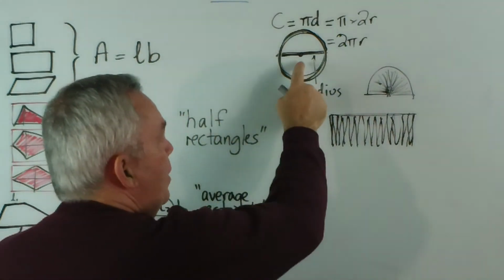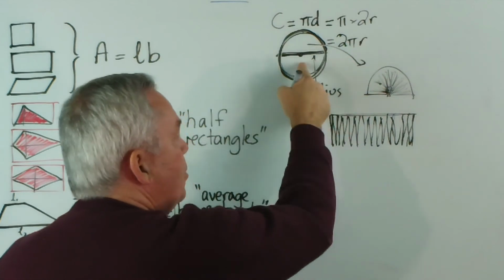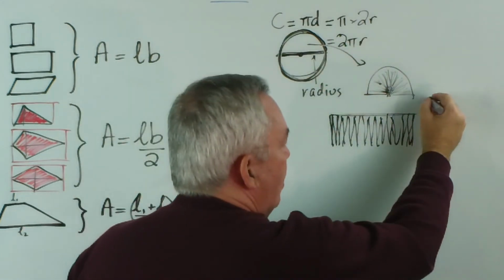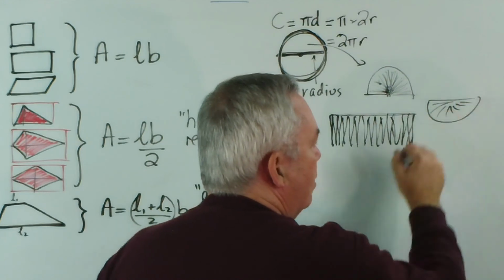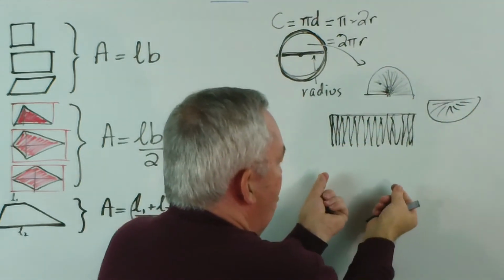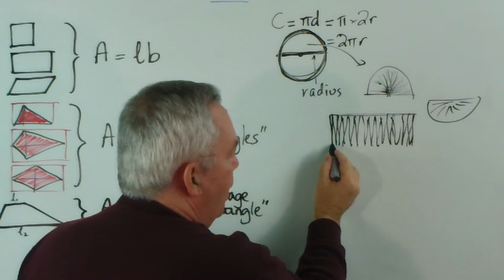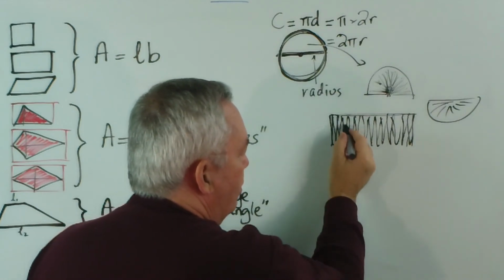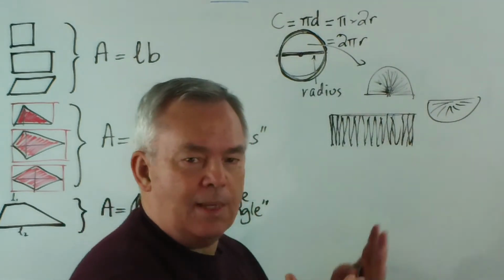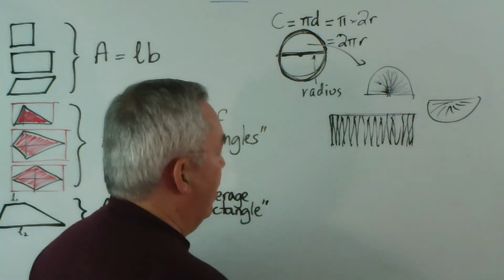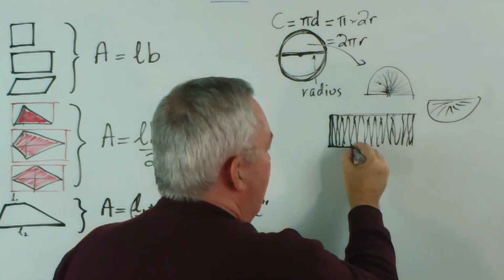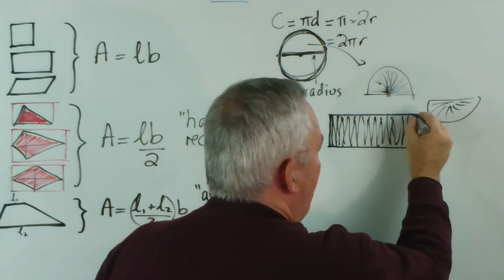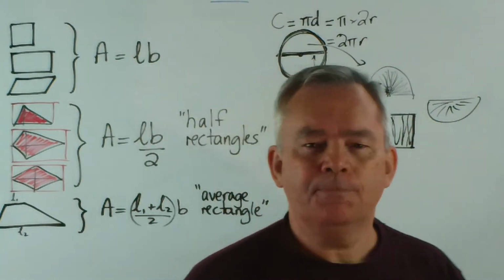Now, if that's the top half of the circle, if we took the bottom half and cut it up the same way and opened it out and pushed it up, all the little wedges would fit in between these ones if there were the same number of wedges in each half. And it would just slot in there very nicely and make, you guessed it, an almost perfect rectangle.